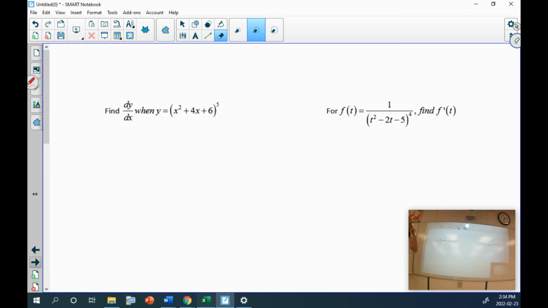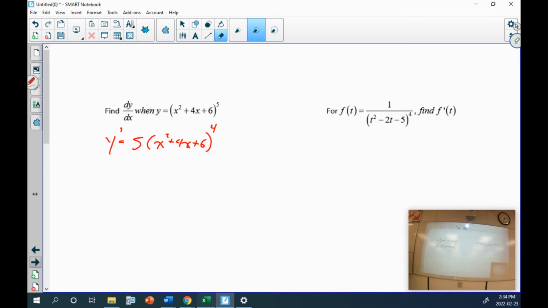So let's look at this guy here. My inside function is x squared plus 4x plus 6. My outside function is something to the power of 5. The derivative, y prime, another notation that I use, is going to be 5. So there's my outside function taken care of.